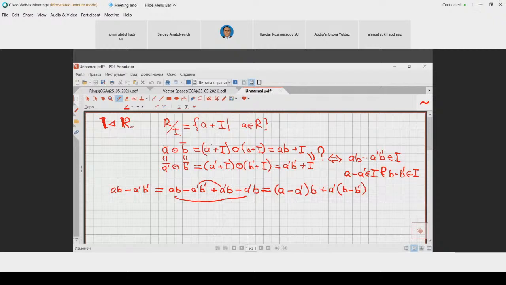Since I have these two properties, this first term is an element of I, and this also is an element of I.